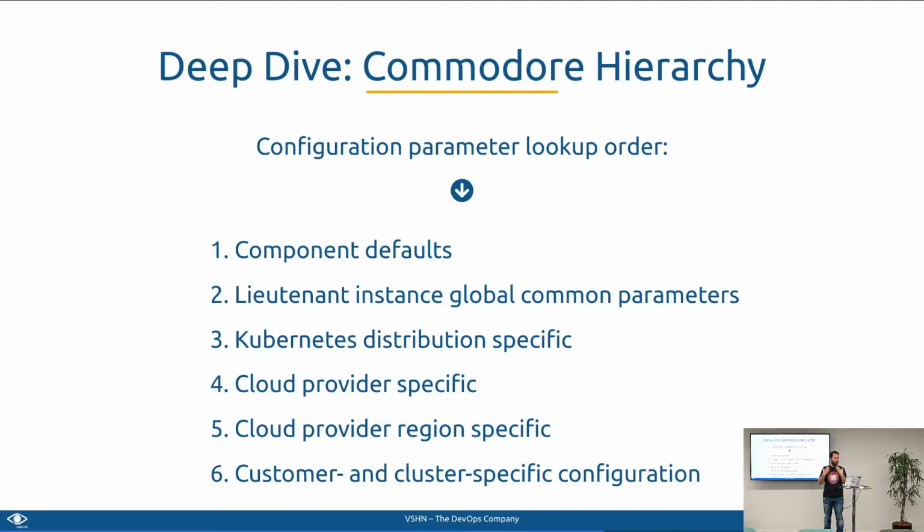And then, depending on the hierarchy, which is defined currently in the code and can be configured at a later stage, you can override configuration parameters or add additional configuration parameters depending on the specs of your Kubernetes cluster.